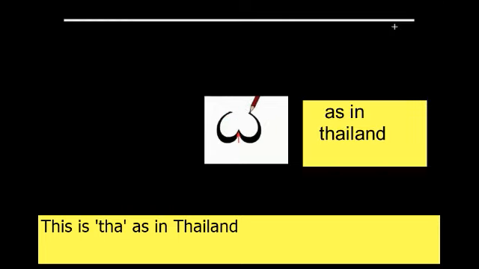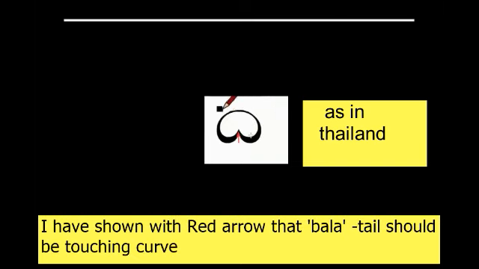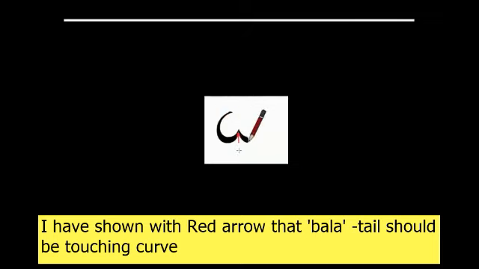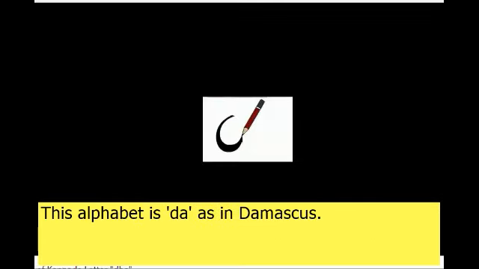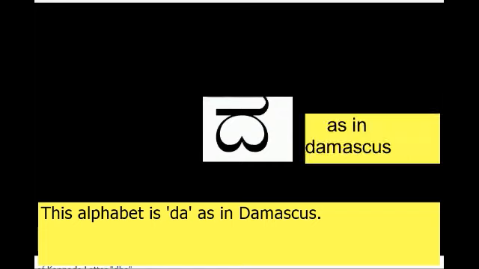This letter is Th, as in Thailand. I have shown with a red arrow that bala or tail should be touching the curve, and there is a dot in the middle. It should be prominent so that it is visible without much effort. This alphabet is D, as in Damascus.